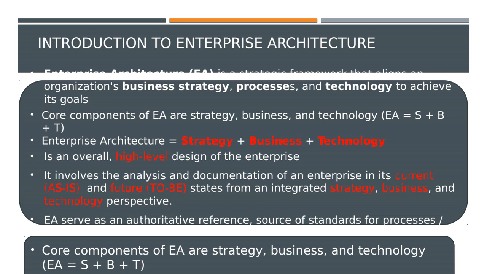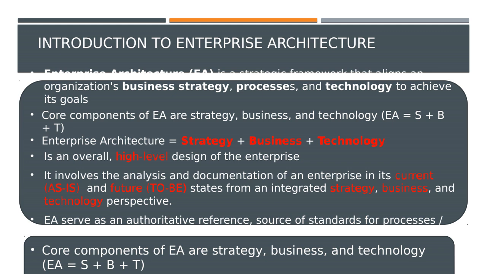So it includes organizations, business strategy, processes, and technology to achieve its goals. We have an equation, it's called EA. EA means enterprise architecture. EA is equal to strategy plus business plus technology.